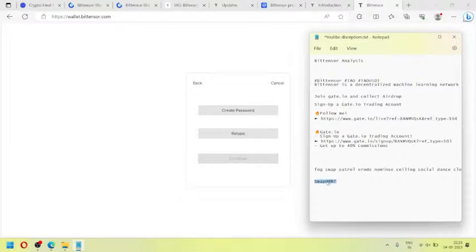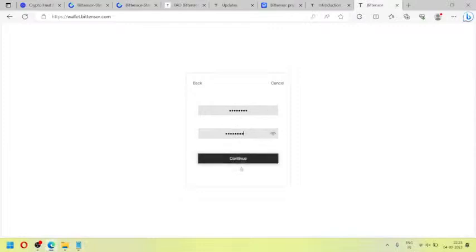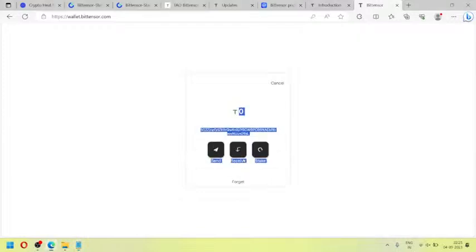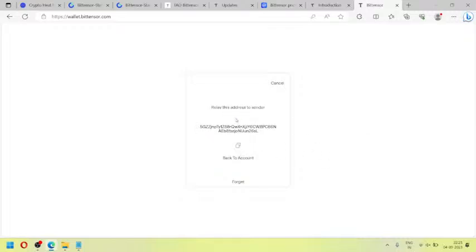I will enter it here, retype it, and create. Just you can see here this is your address, and you have created a Bittensor wallet. From here you can receive anything, like you can receive Bittensor here.